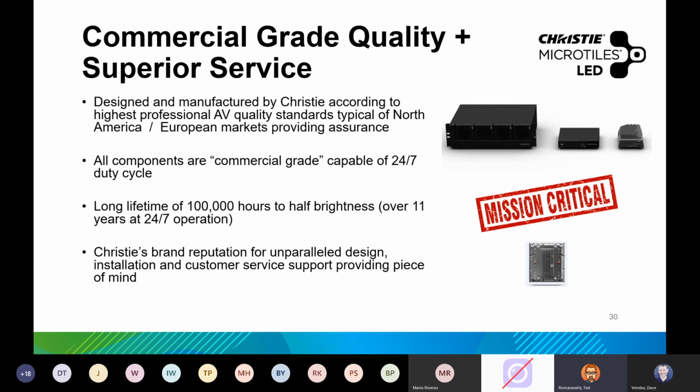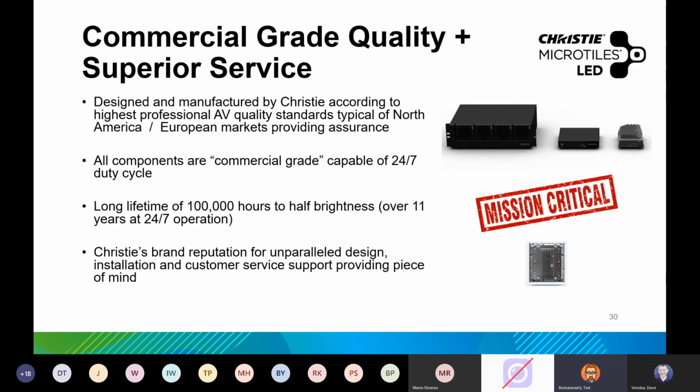I can assure you that all of the components in our system are commercial grade, and they're designed and manufactured by Christie Digital according to the highest Pro AV standards. All of them are capable of 24/7 operation at a 24/7 duty cycle at a lifetime of 100,000 hours to half brightness.